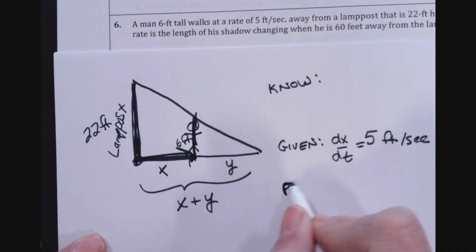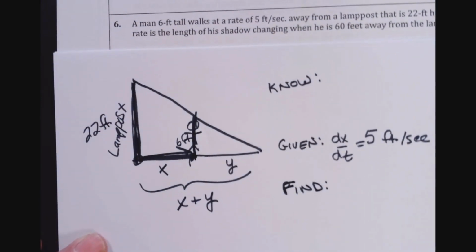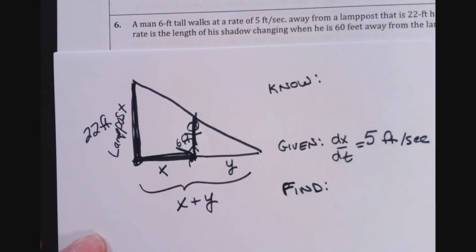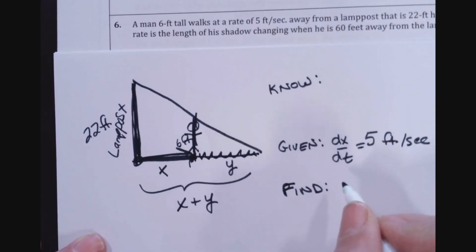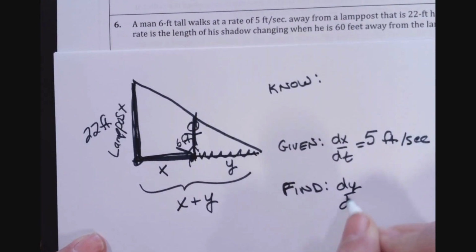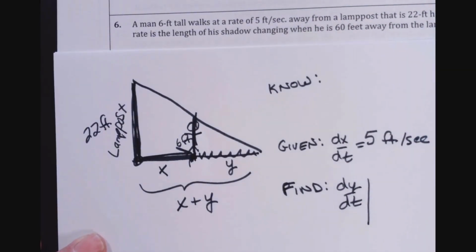Given, find. At what rate is the length of his shadow changing? So what are we trying to find? Where is his shadow? y. Here is his shadow. Good. So we want to know what is dy/dt when he is 60 feet away from the lamppost.